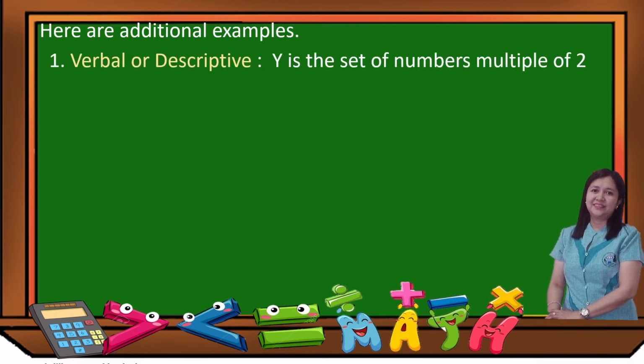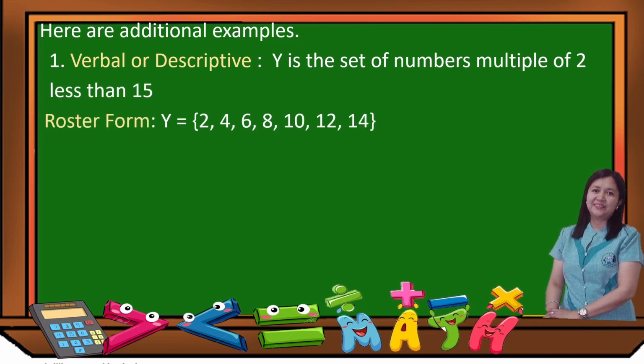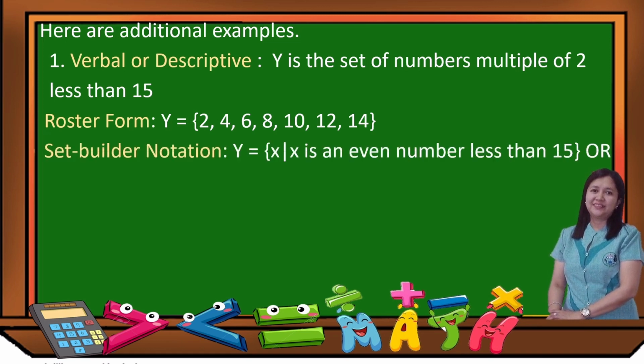Here are additional examples. Y is the set of natural numbers that are multiples of 2. That is verbal or descriptive. Now, if you're going to write that in roster form, that is 2, 4, 6, 8, 10, 12, 14. Because the condition is multiples of 2 less than 15. How about the set builder notation? So set Y is the set of all x's such that x is an even number less than 15.